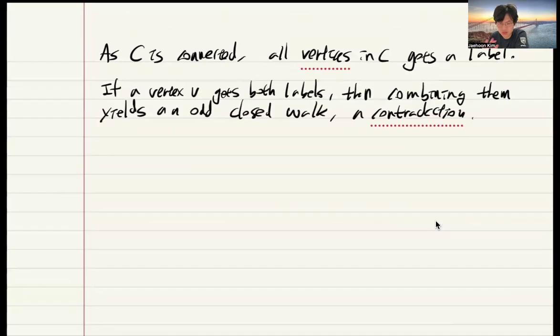So this defines the label of all the vertices, and you can partition the vertices into even vertices and odd vertices. And we need to check one more thing, so that this is actually a bipartite graph, meaning that the vertices with the same label are not adjacent. If you have an edge xy in this component, then what do you get?